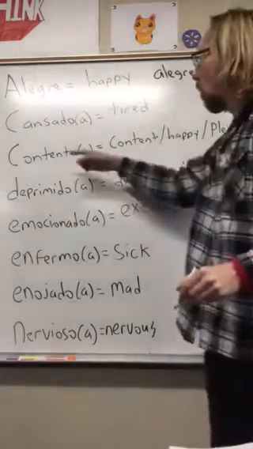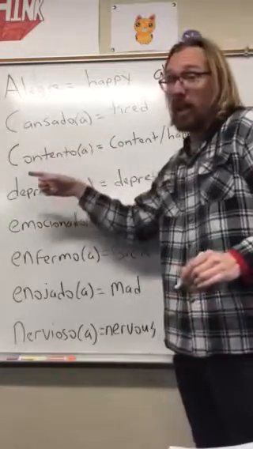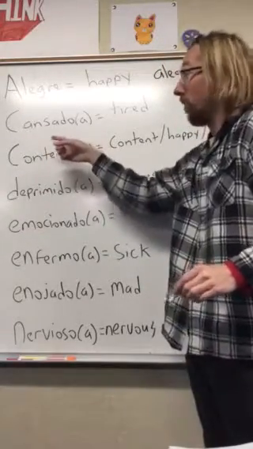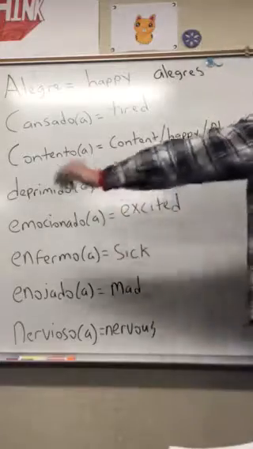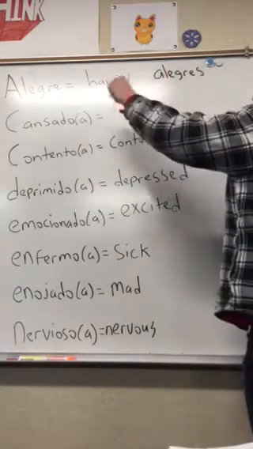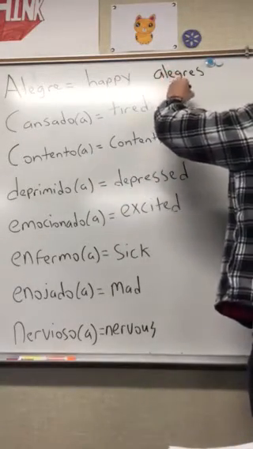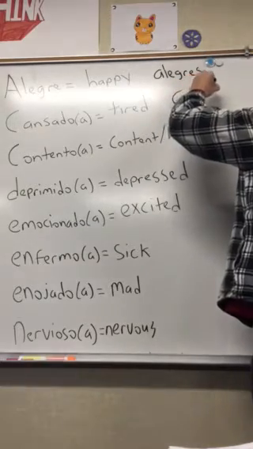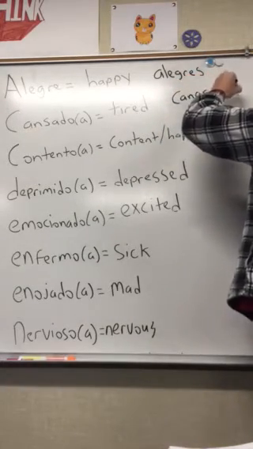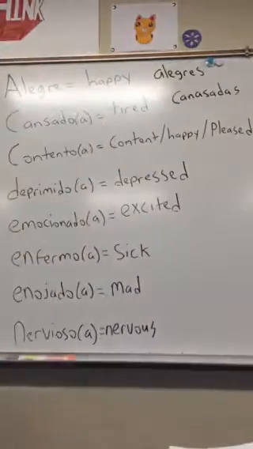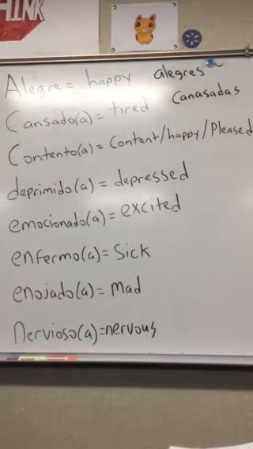If you're talking about more than one subject, and let's say that these multiple subjects are females, you would say cansadas. They are tired. C-A-N-S-A-D-A-S. Let me make sure that's actually on the screen. Okay, good. Cansadas. All right.